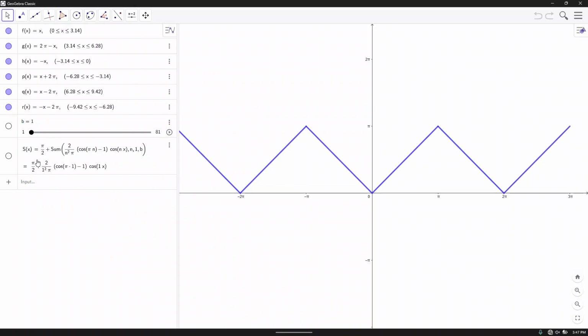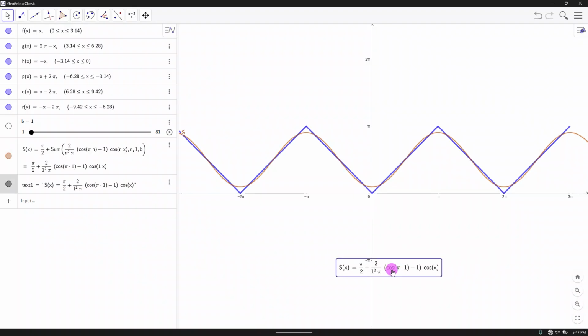Now, guys, I would like you to observe this triangle wave. Unlike the square wave, doesn't that function look more like a wave than in the previous cases? Let me do this. That's the function s of x expanded for n equals 1. I'm going to play with the slider here.